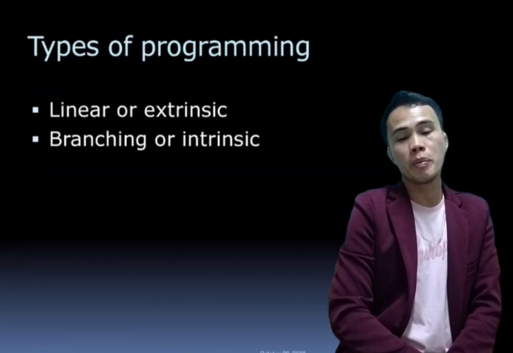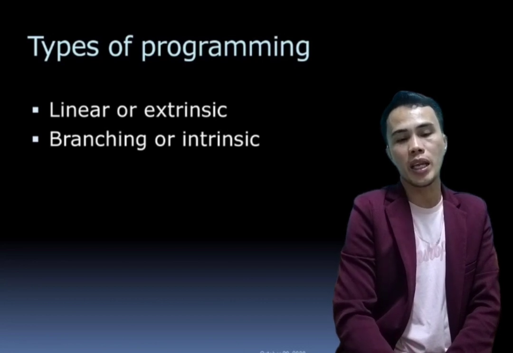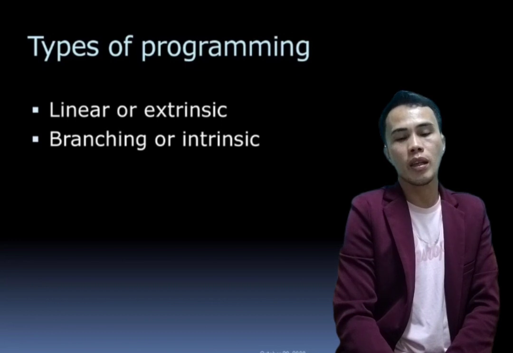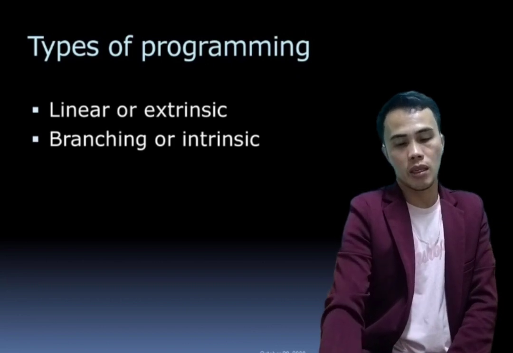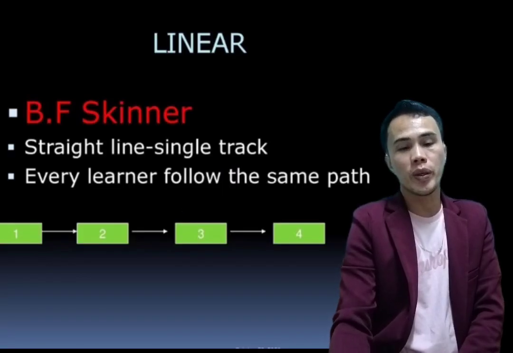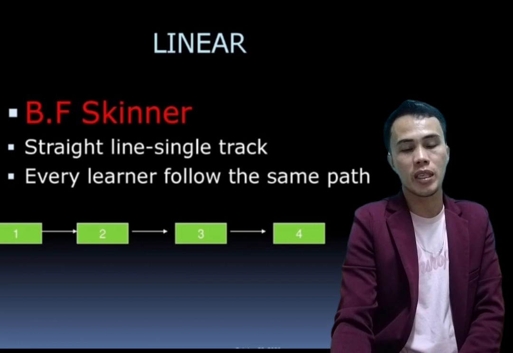So we also have the types of programming. We have the linear or extrinsic, and the last one is the branching or intrinsic. So what are the differences of the two types of programming? We have to discuss first the linear, whose proponent is B.F. Skinner.